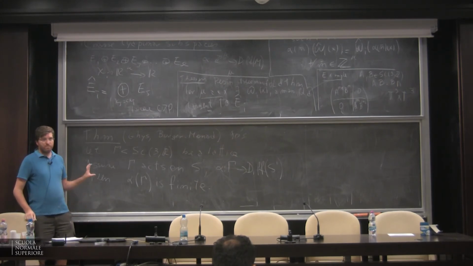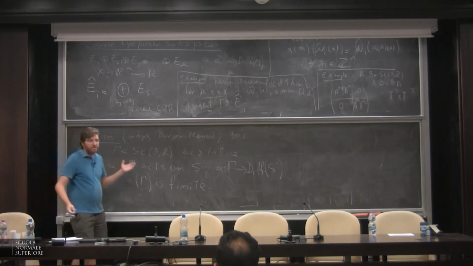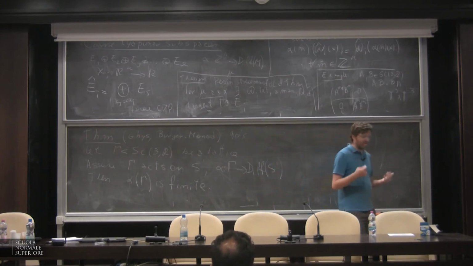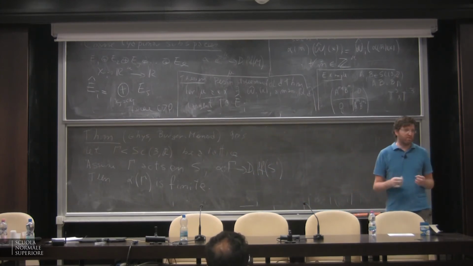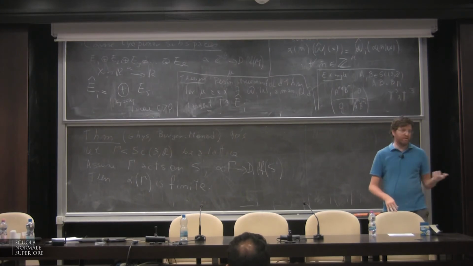So the kernel is huge. Assuming gamma is a lattice, it should mean the kernel is huge. Then the image is a finite image, so it means that the kernel is a finite index subgroup of gamma.